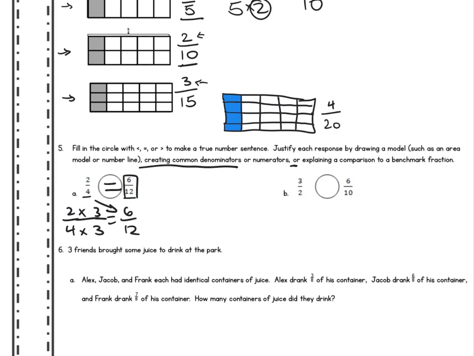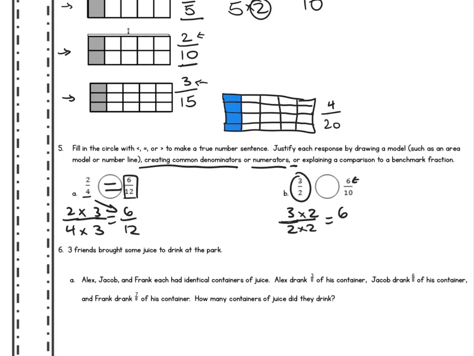Now I'm going to be using a similar strategy for the next problem, except this time I'm going to create common numerators. I see if I take this initial fraction, 3/2, and I multiply the numerator by 2, I'm going to have the same numerator as the other fraction.